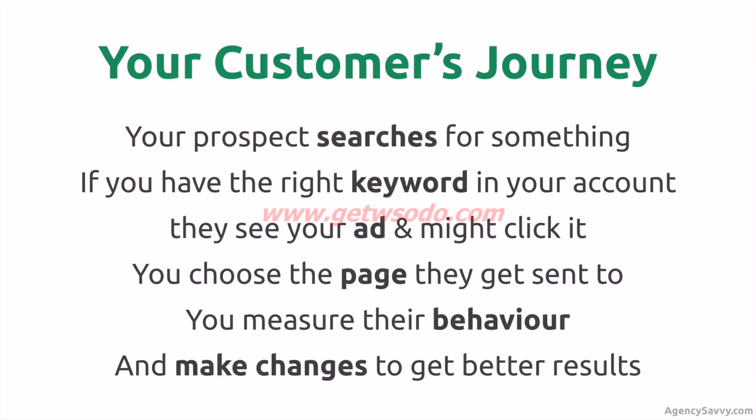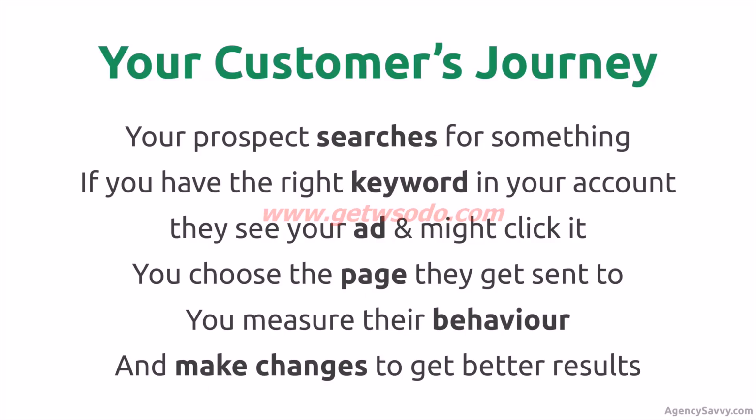And just to set the scene of how this is maybe different, this also gives us our agenda that we're going to follow over the course of the next hour. Somebody's out there looking for what it is that you sell, the products and services that you sell. Now, I'm going to focus predominantly on search in this course, so it's quite different from the more top of funnel stuff that you may be used to if you do a lot of Facebook, putting remarketing to one side.